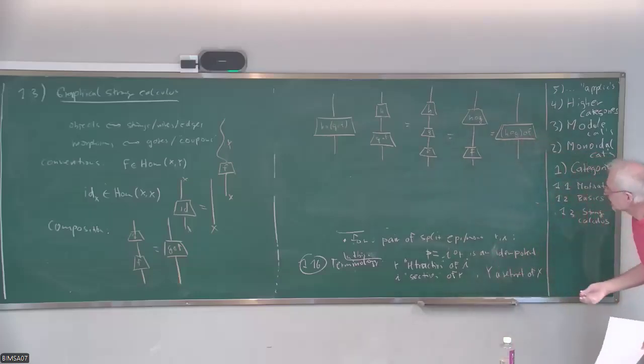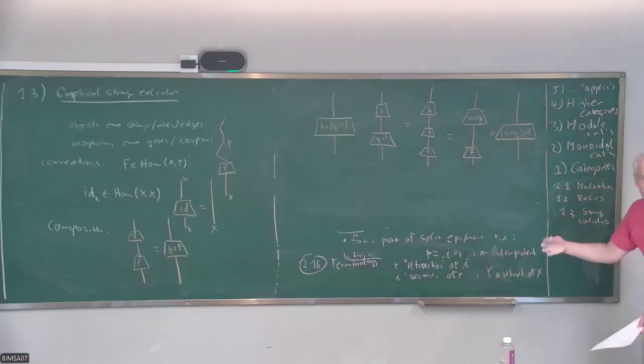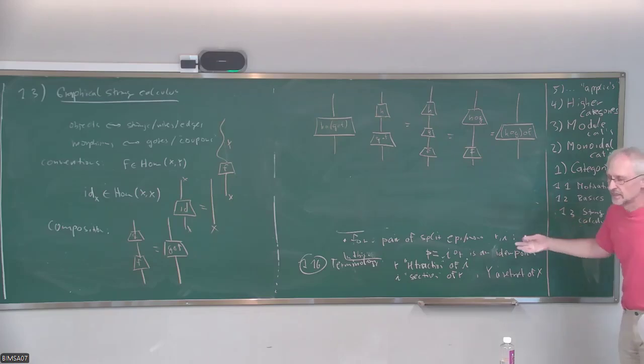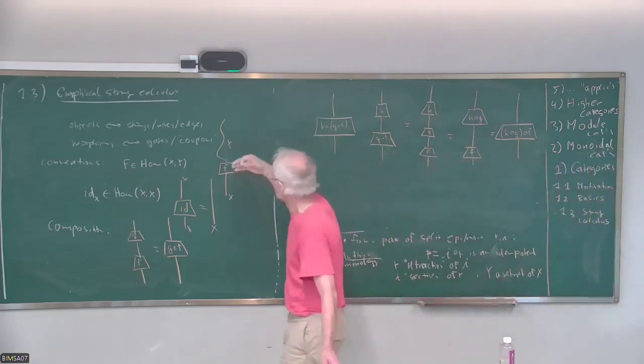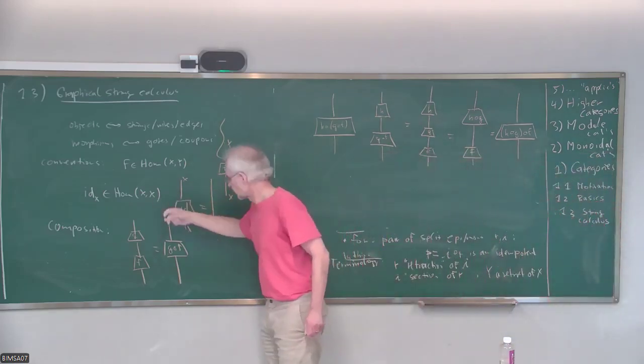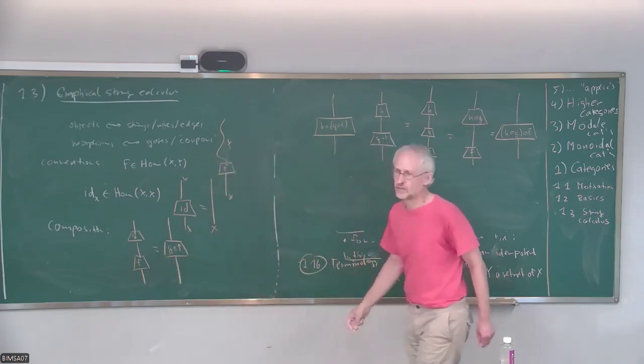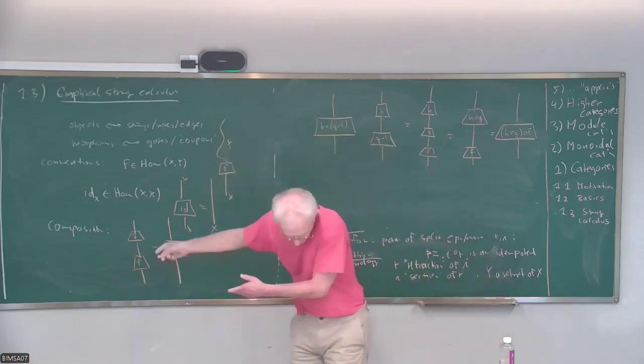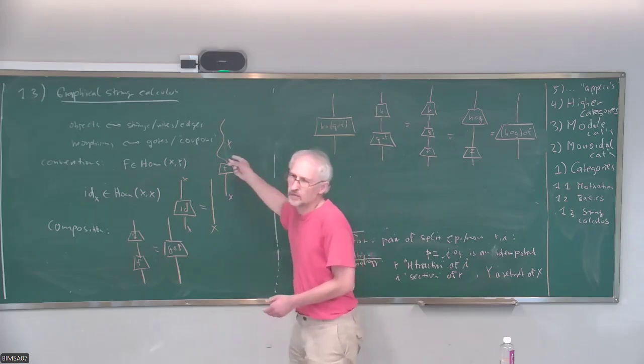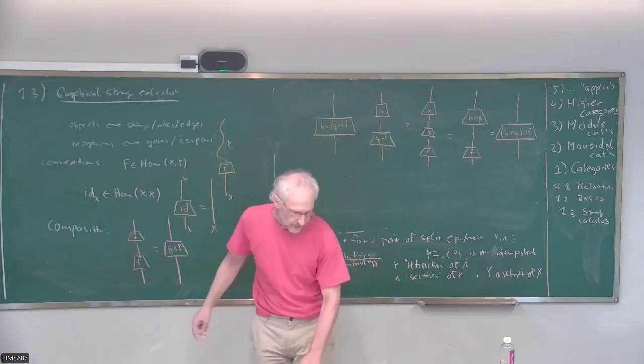And then, in a sense, associativity of the composition is trivial, but it's encoded in the conventions together with the fact that you allow for some local moves. And the same thing you can do for identity.